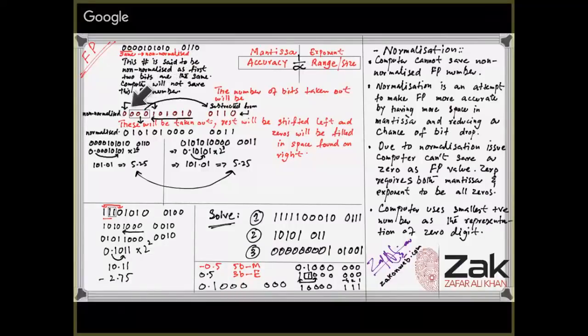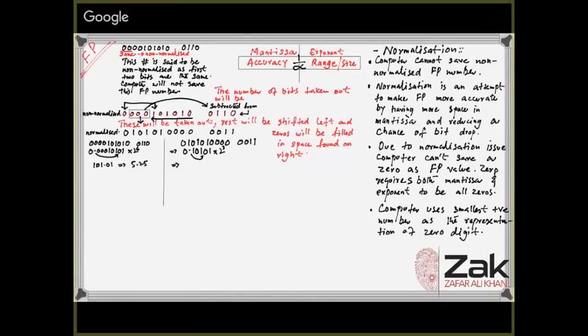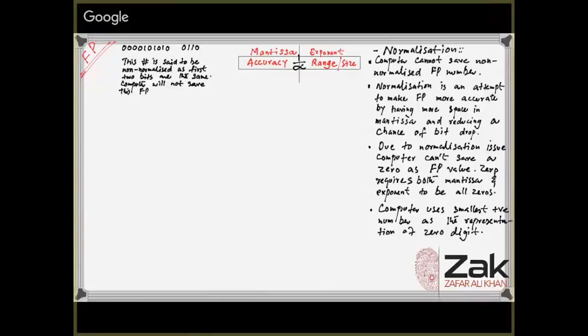So what do we have to do? Let's say we have this number. First we have to mark from the start which two bits are different.